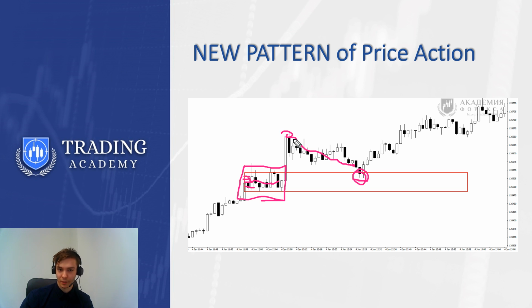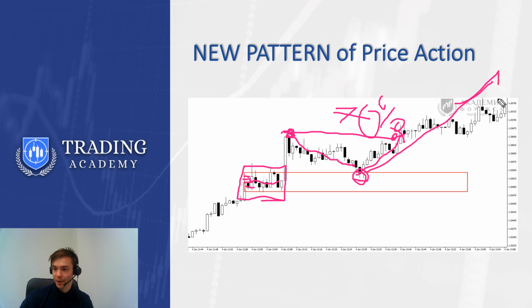Sometimes a correction does not have to happen, but in this case it happens, and usually they would like to push it again at least to test this swing, and we have let's say 70% probability that the market will try to at least hit this swing high, or we can also speculate for a bigger movement.